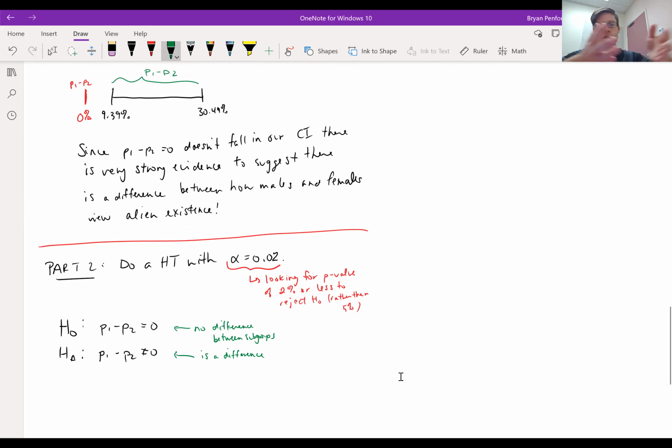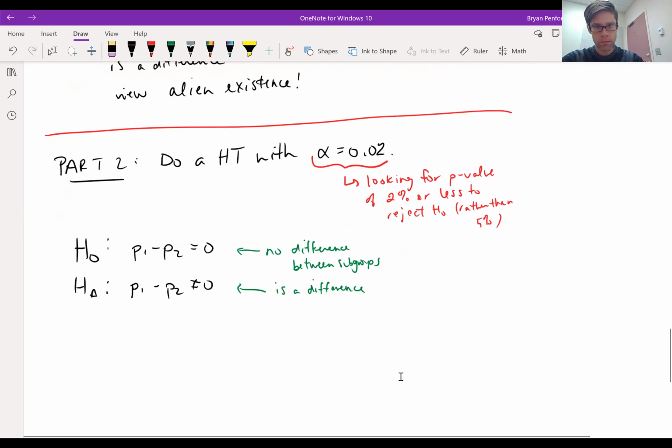I expect it to fall somewhere between 9.4 and 30.5%. But 0 is not there. So if I had set up the hypotheses, I'd be favoring the alternative, because it appears like P1 minus P2 is not 0. That's how we connect a confidence interval back to the hypothesis test, in case you're curious.